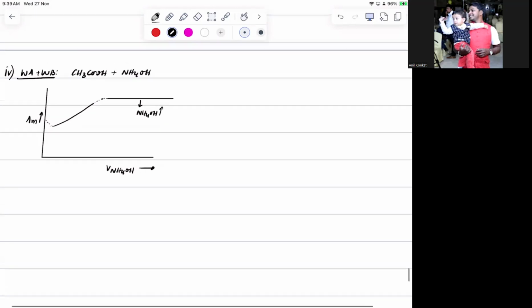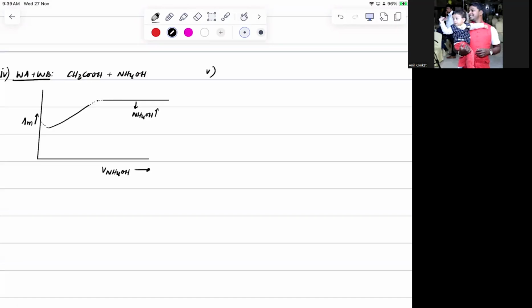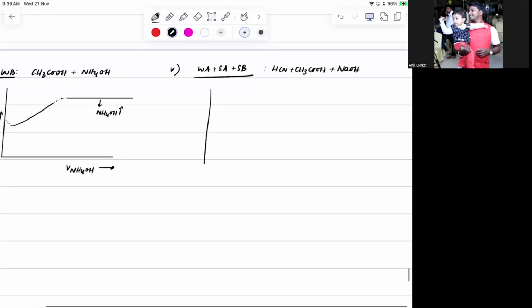Next, the fifth one is a titration of strong acid plus weak acid with strong base, like HCl plus CH3COOH titrated with NaOH. Initially the strong acid will get completed and then the weak acid will start.